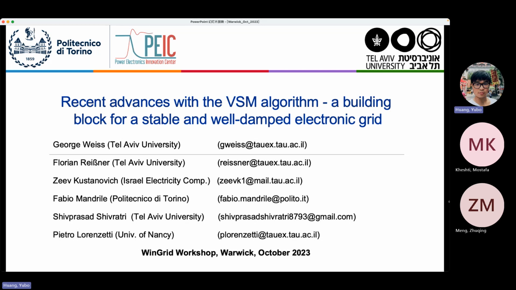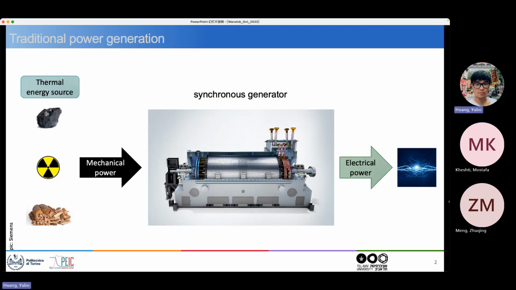You see, not all of them are from Tel Aviv. One is from the electricity company, one is from Torino, Fabio Maturile. Pietro Lorenzetti was in Tel Aviv, but he is now at the University of Nancy. Okay, so let's go to our business.